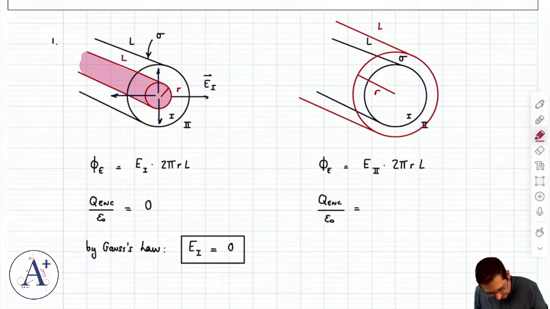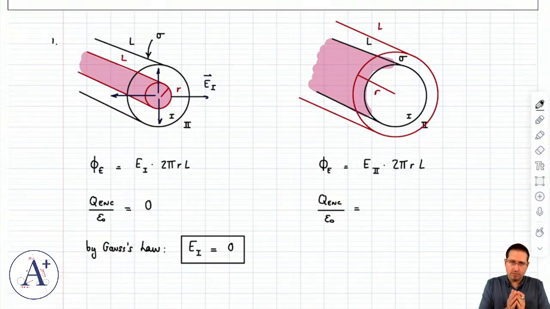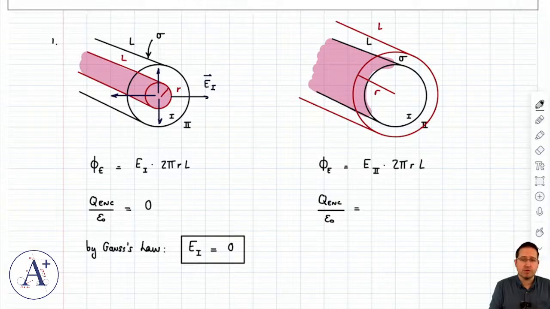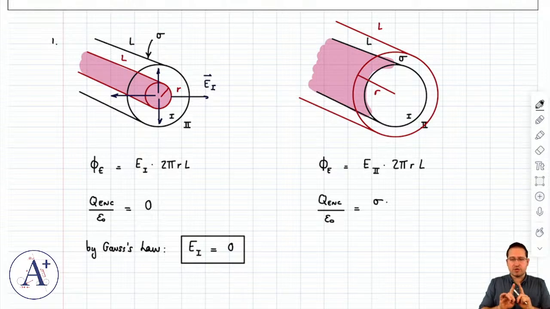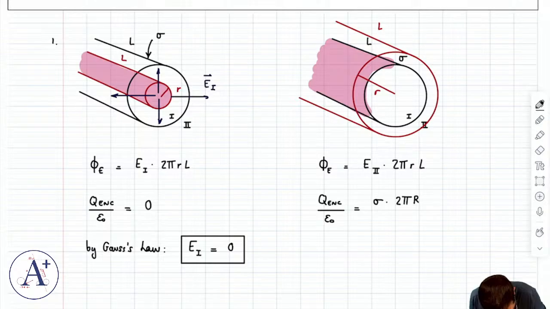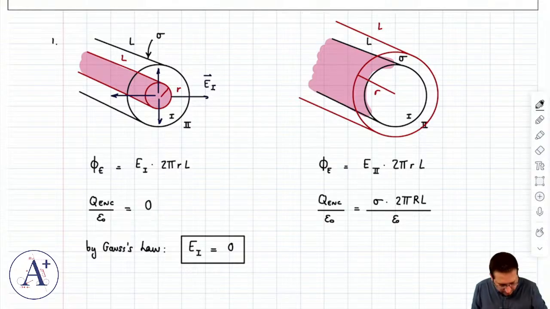Well, this time I have charge that lives on the surface of my metal cylinder, and all of the cylinder is enclosed within my Gaussian cylinder. Therefore, I have an amount of charge that is sigma times the surface area of my metal cylinder, which is 2 pi, careful, big R times L. Don't use little r. And that's over epsilon naught.